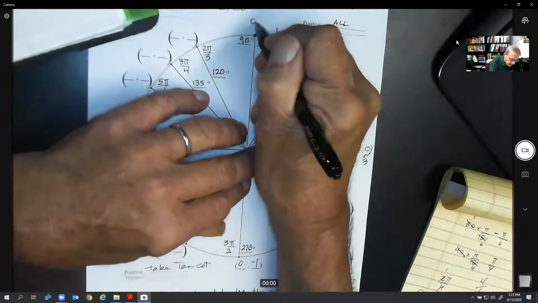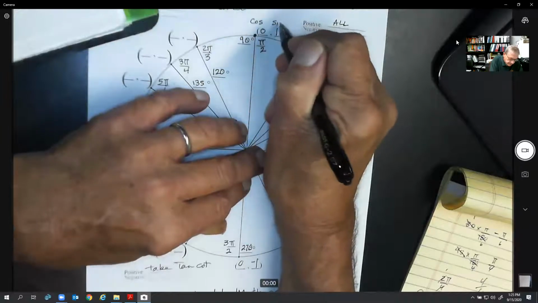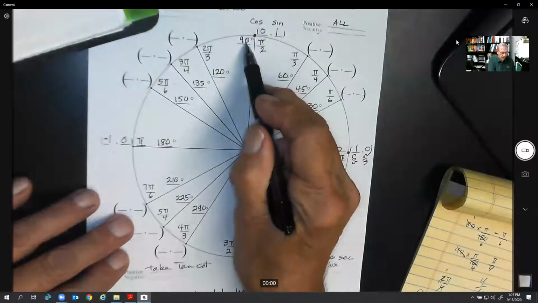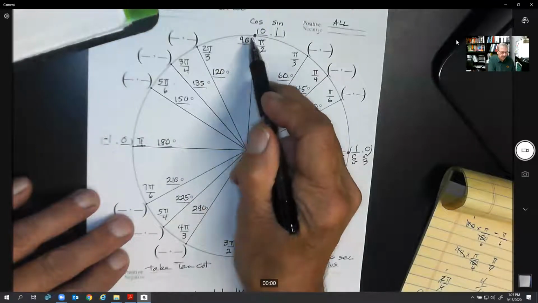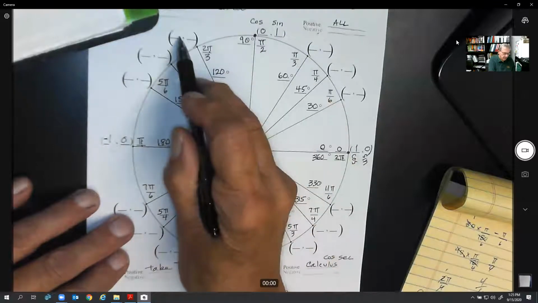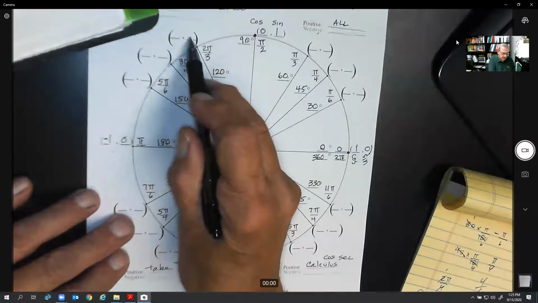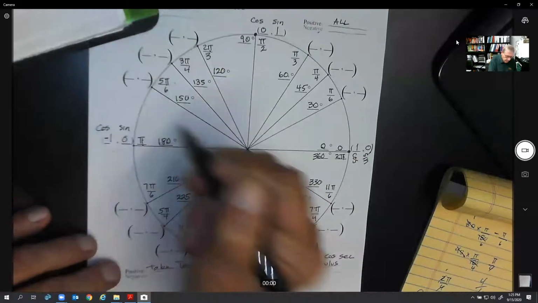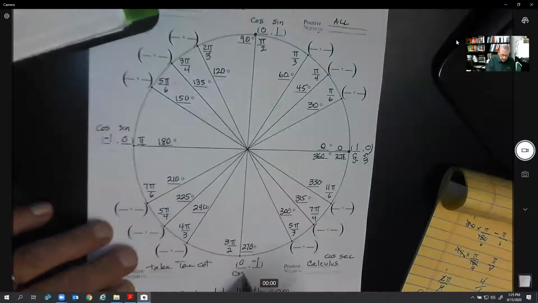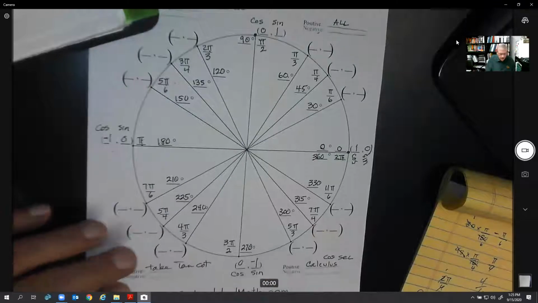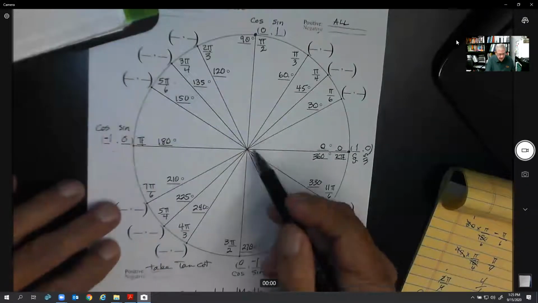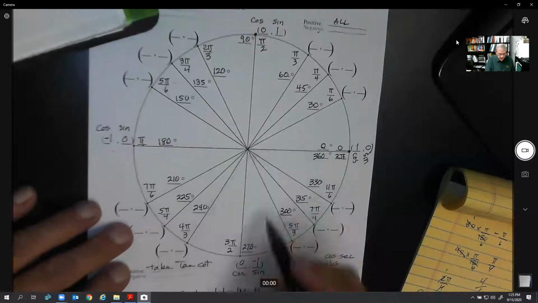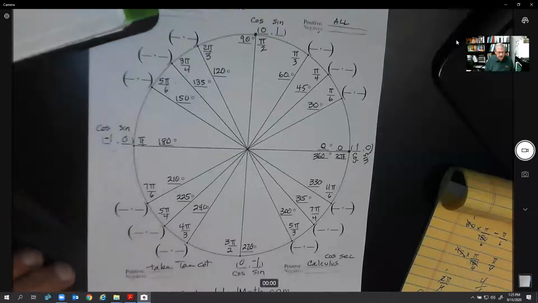Again, cosine, sine. The cosine of 90 degrees is 0. The sine of 90 degrees is 1. In every one of these parentheses, this is the cosine and the sine. So if you wanted, say, the sine of 270 real quick, it's -1. The sine of 270 is -1.